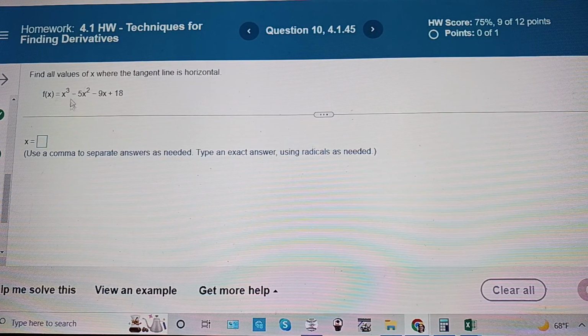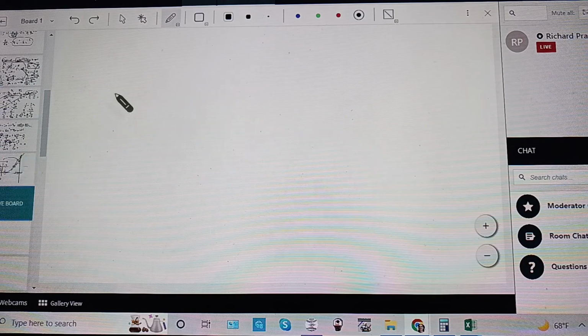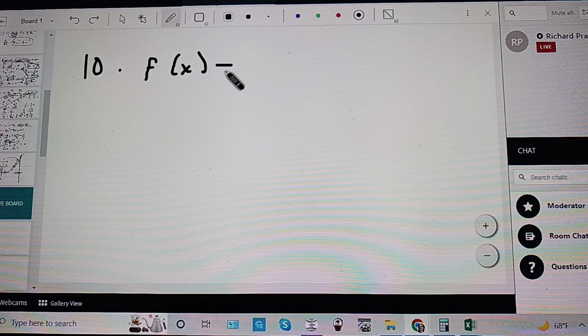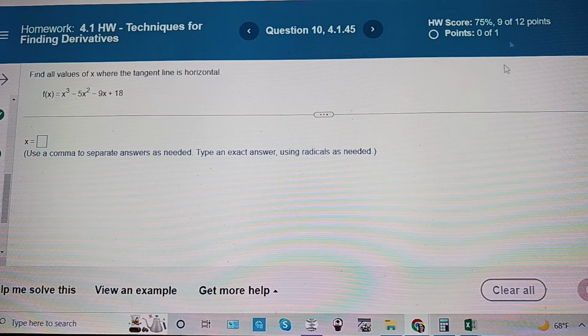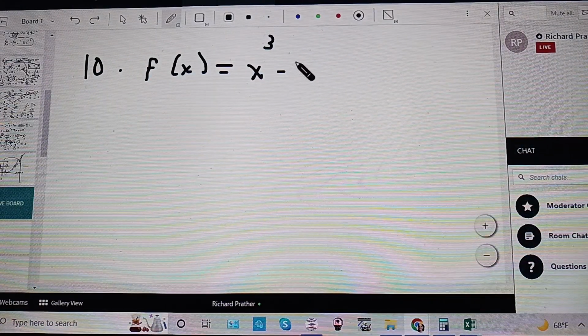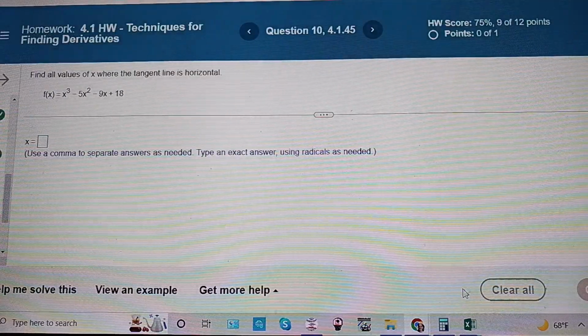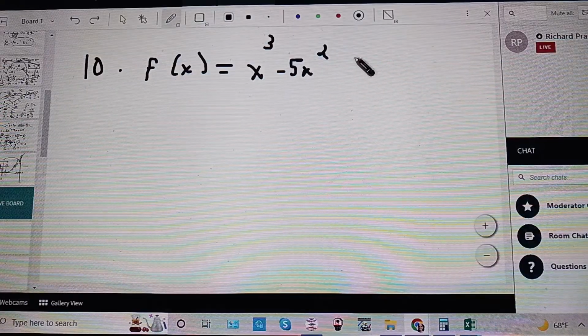Same thing here. So we got a cubic function. So again, we can get 2 answers then because the derivative is going to be quadratic anytime the original is cubic. So original function x cubed minus 5x squared minus 9x plus 18.